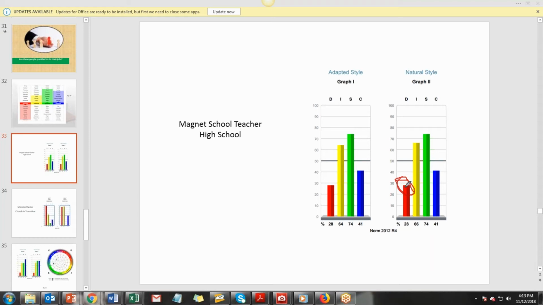Teachers send the kids to the vice principal and they do all the disciplinary type stuff. But in a magnet school with self-directed kids, it's better not to be a high D because these kids are very collaborative.